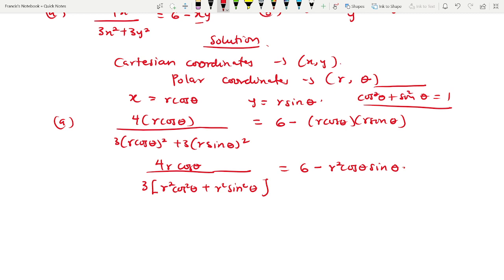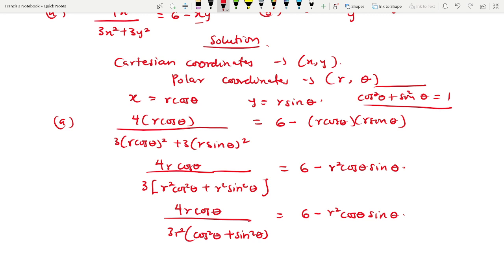We have to simplify our equation as much as necessary. So I can take r squared out here, so that I get 4r cos theta over 3r squared open brackets cos squared theta plus sine squared theta.